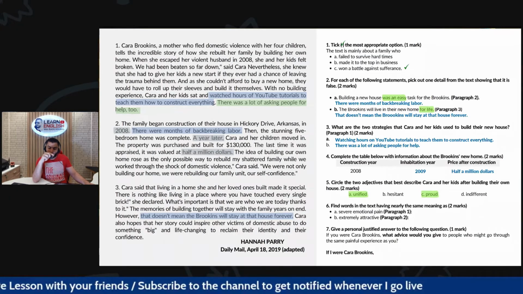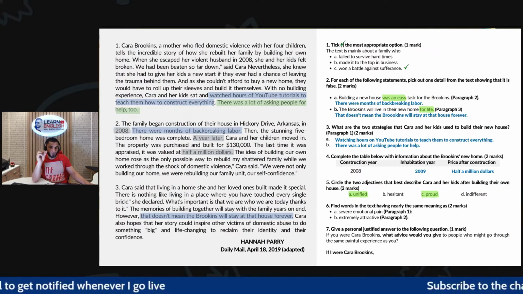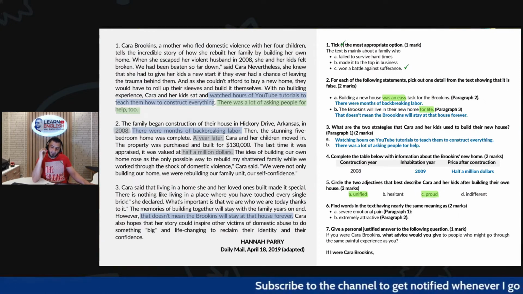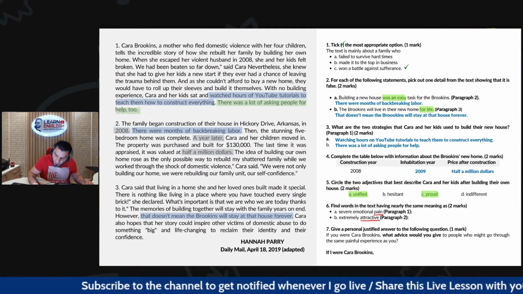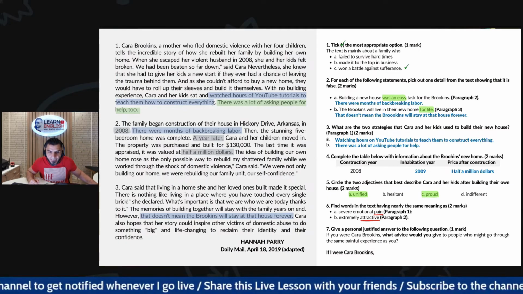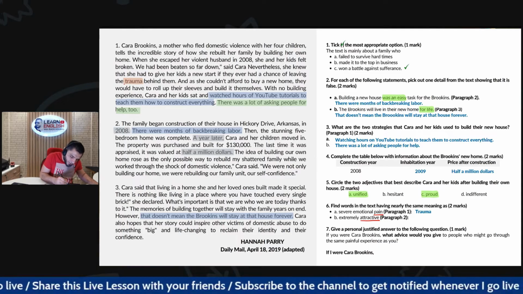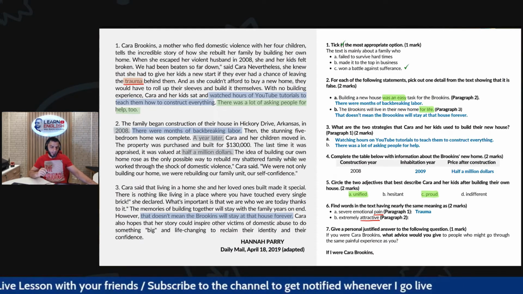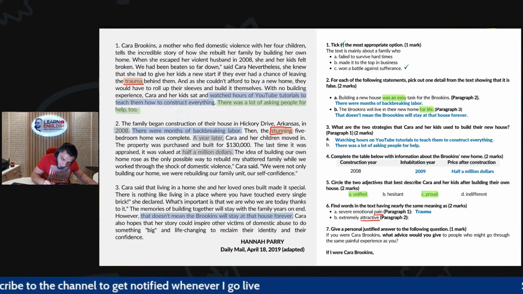What are the two words with the same meaning as severe emotional pain and extremely attractive? So what is it? Find a word here. It must be a noun and it must be an adjective. So I hope that you have said trauma. So here is the word trauma, and the second one is stunning.